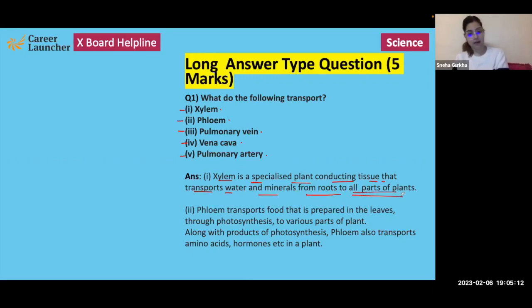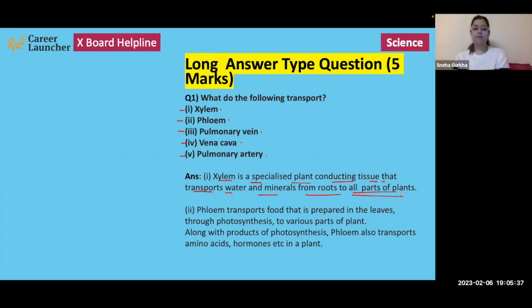the plant. Next, phloem. Phloem, we know, is another vascular bundle which is responsible for the transport of food, which is prepared in the leaves via photosynthesis, and from the leaves it transports that food to all the different parts of the plant.